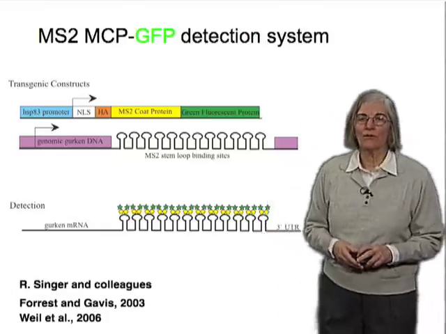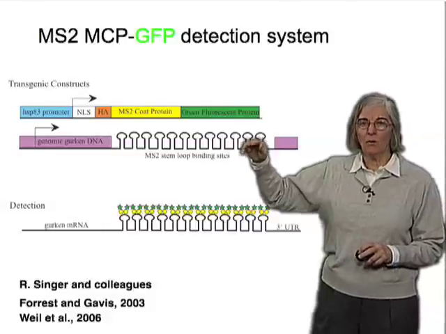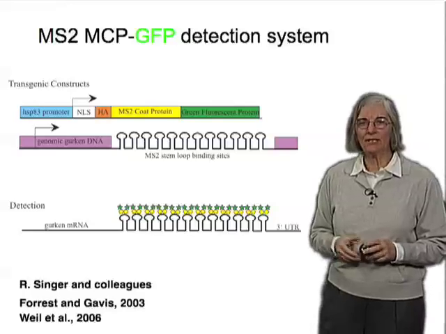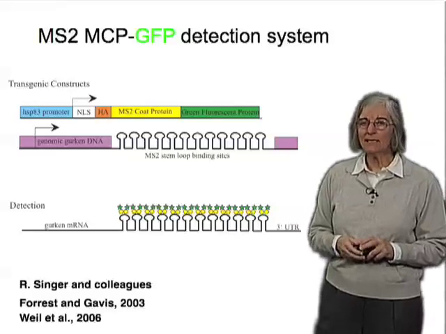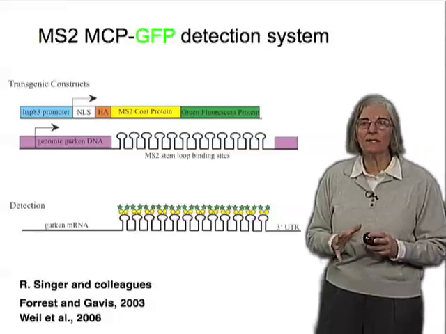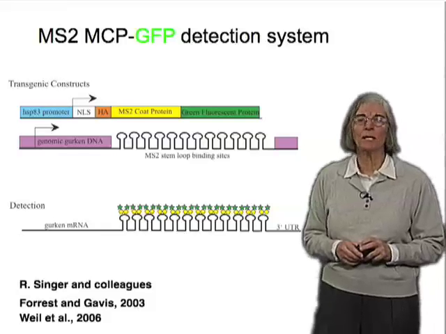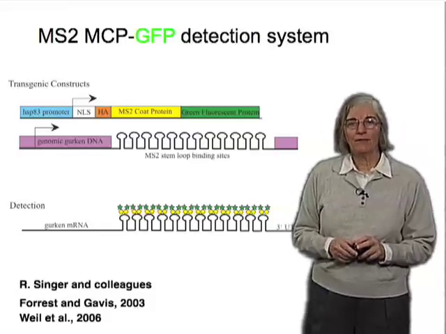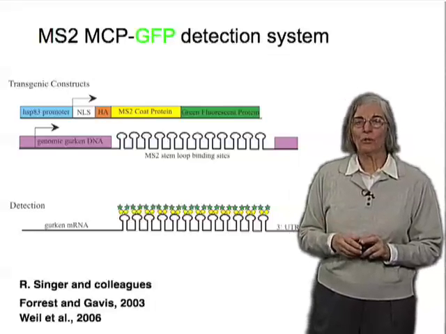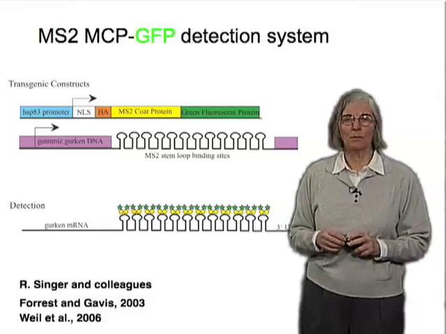The system consists of two parts. For one, one takes the RNA one wants to study, Gurken in our case, and inserts some stem loops into this RNA in a place where it doesn't interfere with the function of the RNA. These stem loops are derived from an RNA virus, and there is a viral coat protein that has a very high binding affinity to these stem loops.